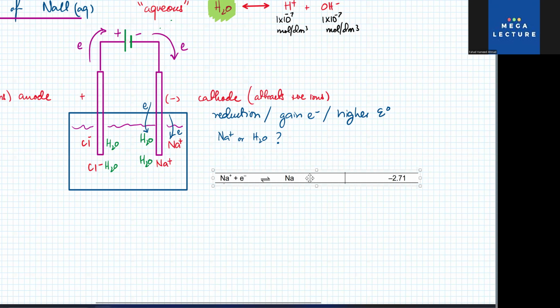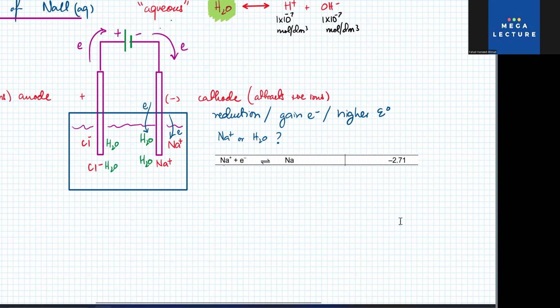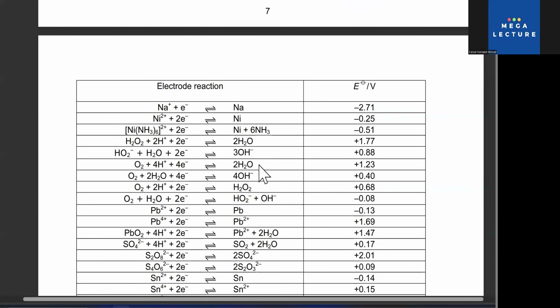I'm only looking at the reaction in the forward direction. There's no reverse, nothing backward is going to happen. Now I'm going to figure out equations where water is gaining electrons.